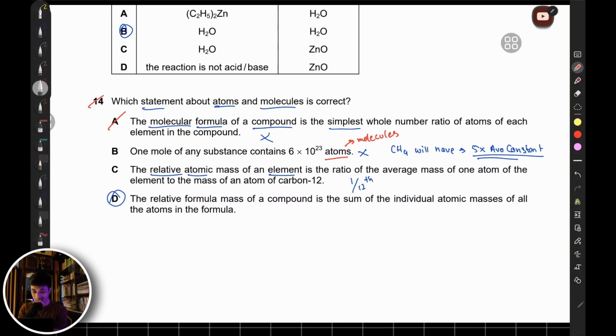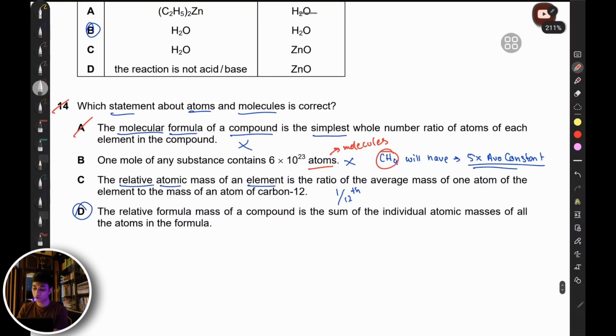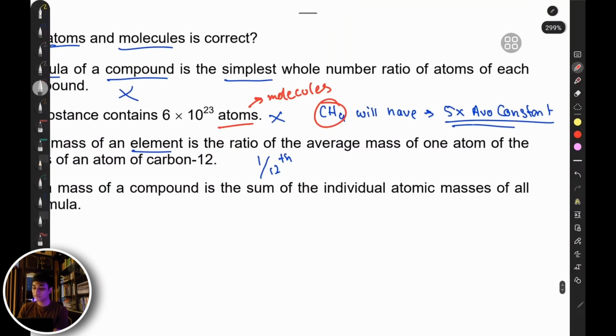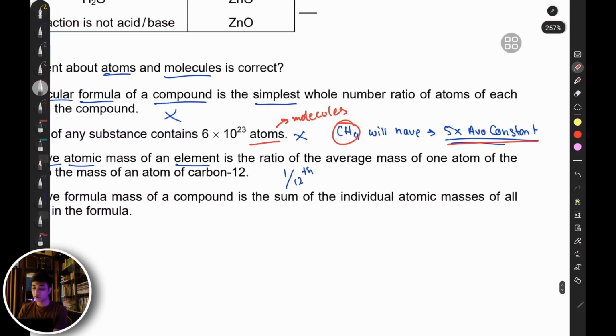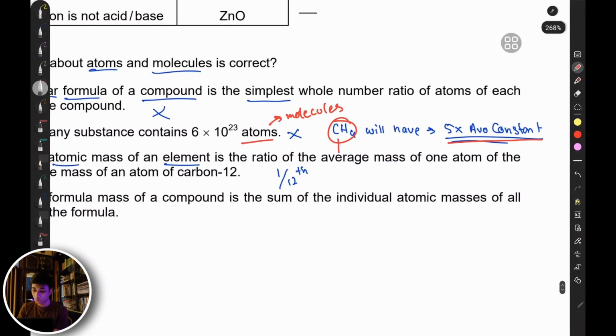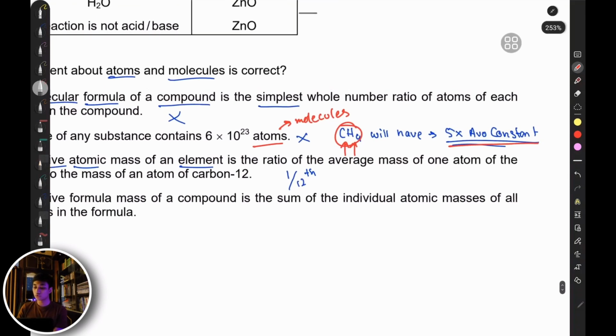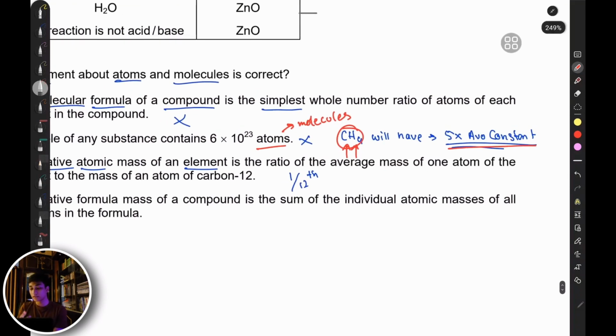So let's say if it's CH4, methane, it will have 5 times the Avogadro's constant. Why? Because there are 1 and 3, 4, 5 atoms in it. So the number of atoms would be 5 times the Avogadro's constant.